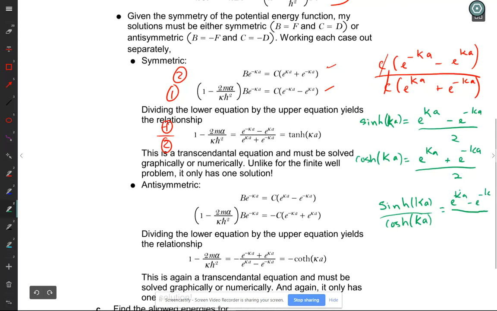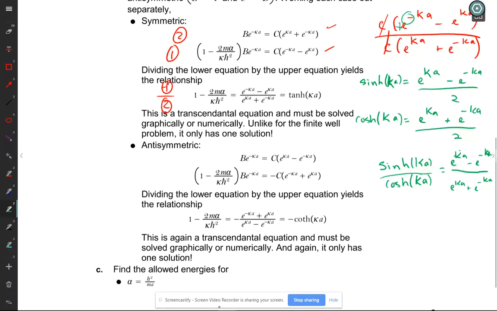over e to the kappa A plus e to the minus kappa A. So what's different between this and what I have in red is that the minus is the positive term here, whereas here I had the minus as the negative term.